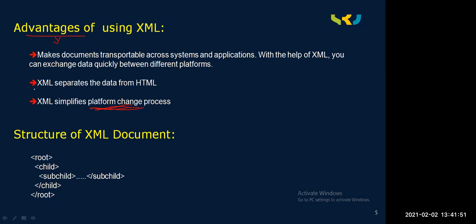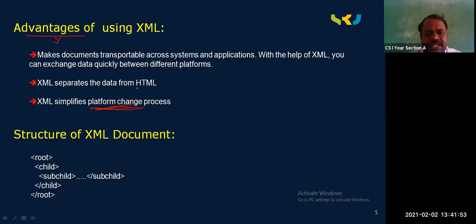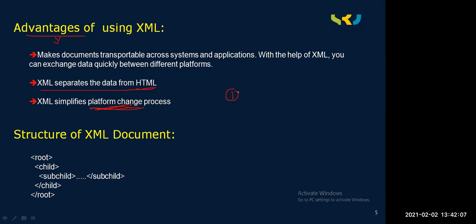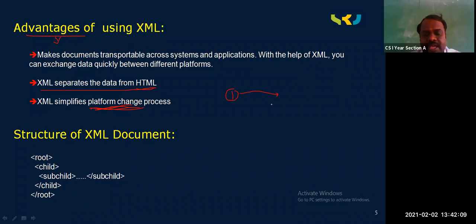Yes, and XML separates data from HTML. I will tell you this with proof. And it makes a document transportable across systems. The main advantage is exchanging data among different servers and different platforms. This is the main advantage of XML.